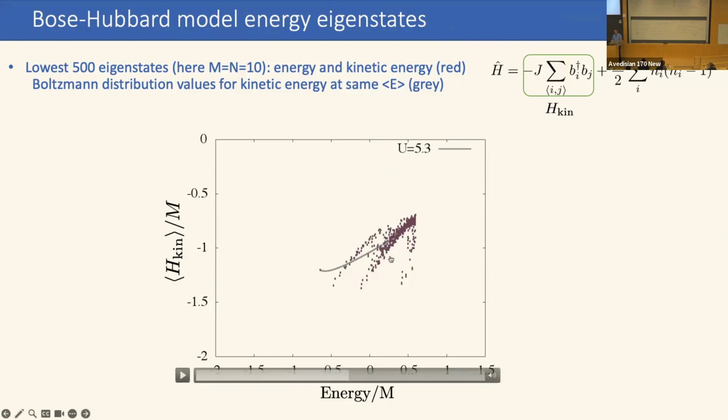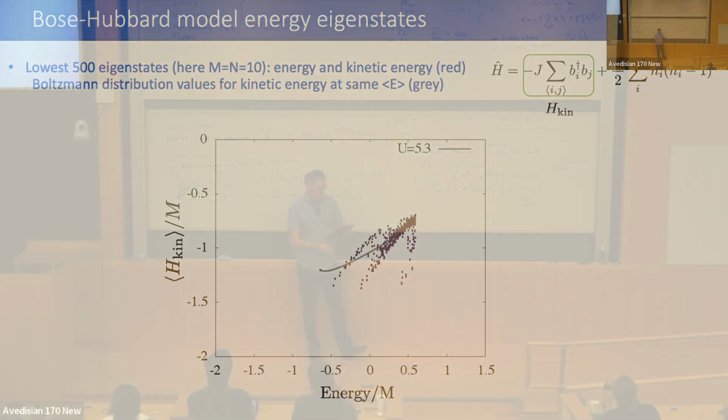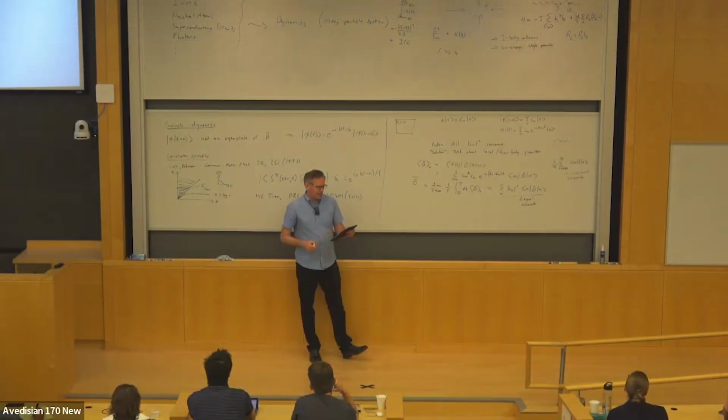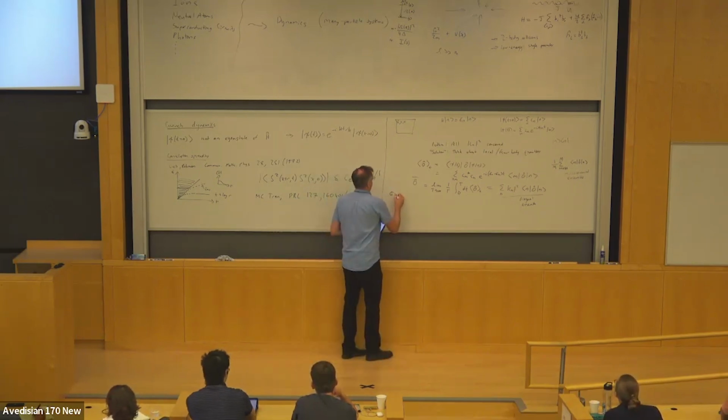Kind of take a slice at a fixed energy out here and have a look at what you get. And so there is this famous statement, which can be phrased in a number of different ways, which we know as the eigenstate thermalisation hypothesis.